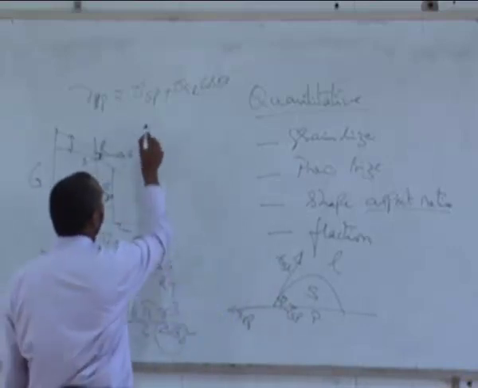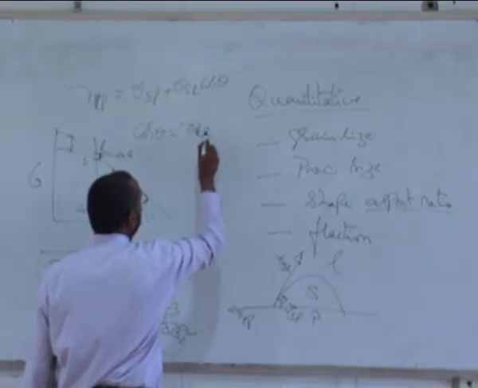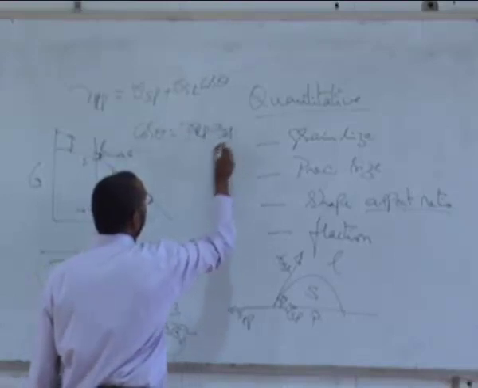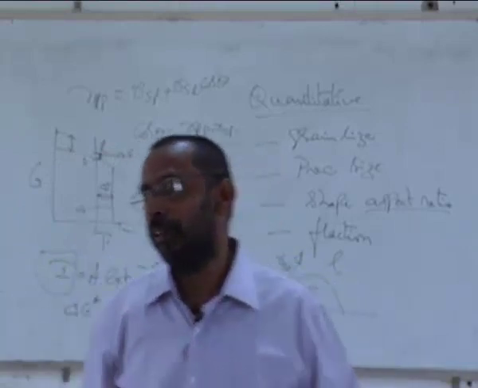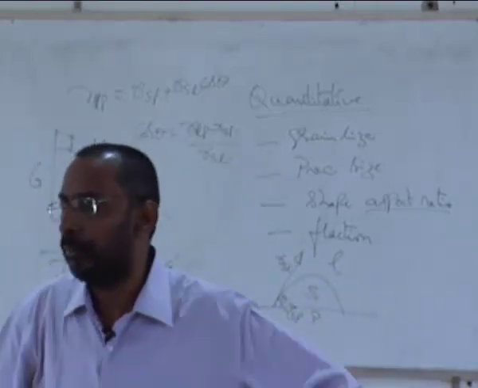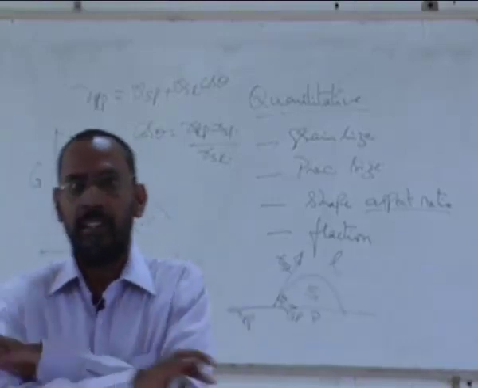So I can write cos theta as gamma LP minus gamma SP by gamma SL. And we say that when theta is very small, it is very good wetting. Completely wet. This just spreads.